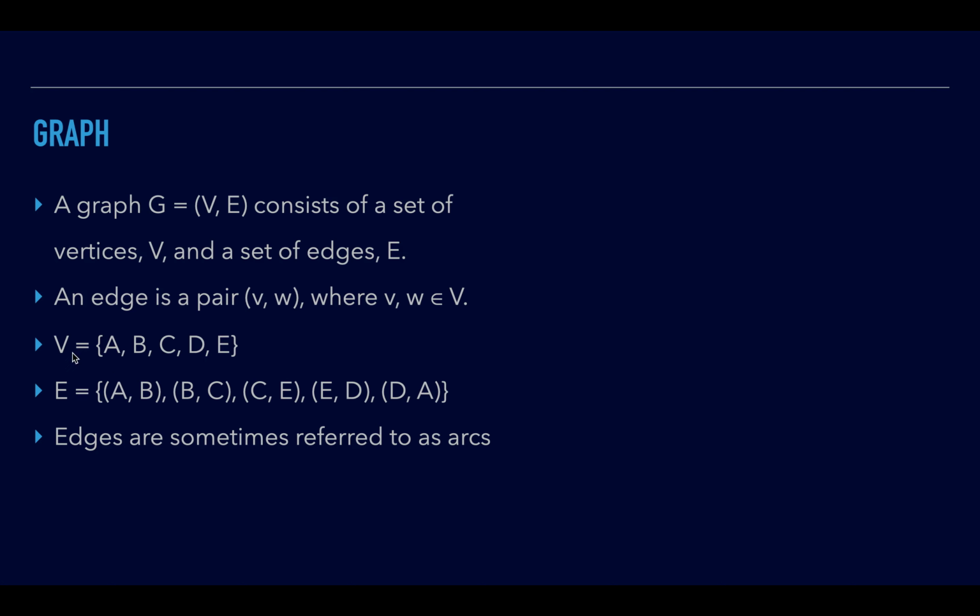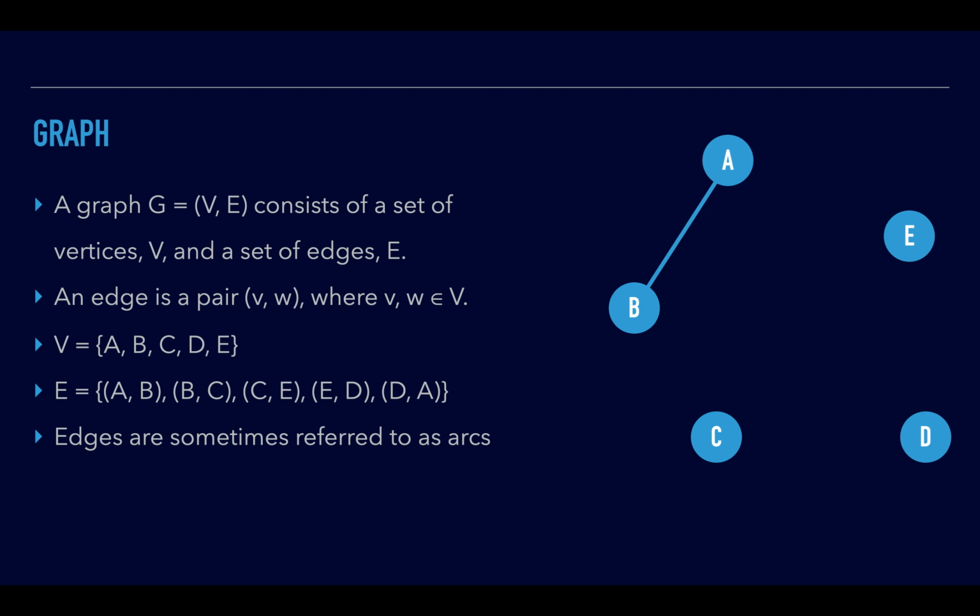So here I have given an example. V is equal to A, B, C, D, E. So these are the vertices. If you draw the diagram of this graph, I will have 5 vertices from A to E. Then here I have given the edges written in the form of a pair of vertices. So I have an edge from A to B, so that is drawn.